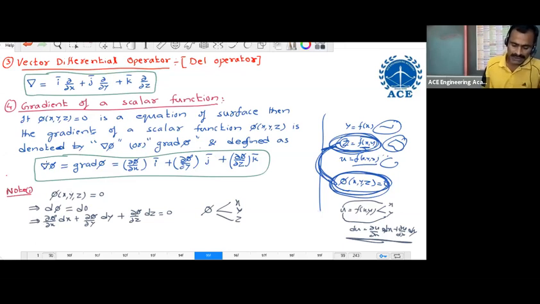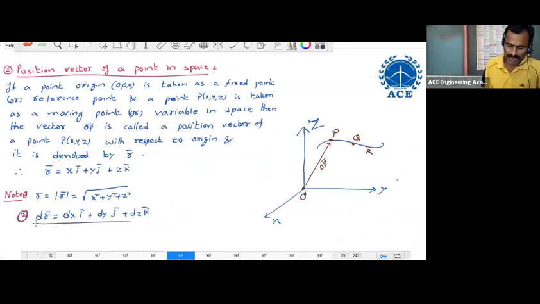Here this gradient phi is a vector, del phi or grad phi is a vector. It is given by dou phi by dou x into i bar plus dou phi by dou y into j bar plus dou phi by dou z into k bar. Now we are going back to this. Here this dr bar is also a vector. dr bar equal to dx i bar plus dy j bar plus dz k bar.